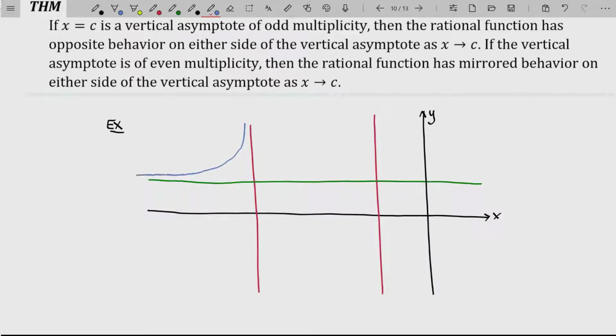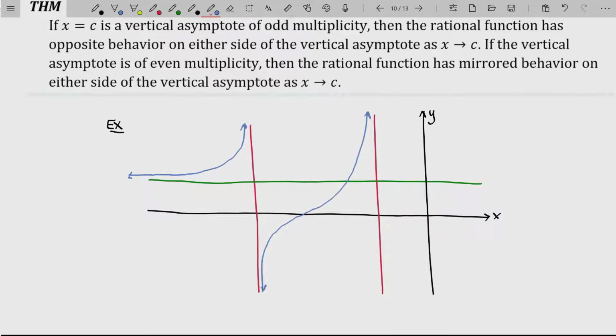Remember, the horizontal asymptote is the tendency for your rational function as x goes to positive or negative infinity. So if you have a horizontal asymptote, your rational function will approach that as x goes to negative or positive infinity. Let's suppose it does something like this.